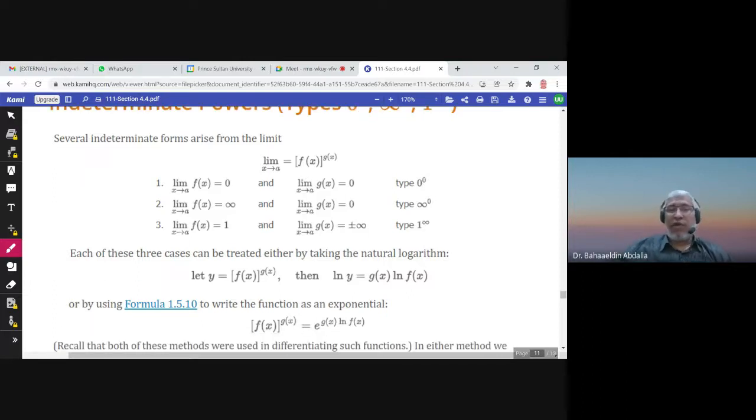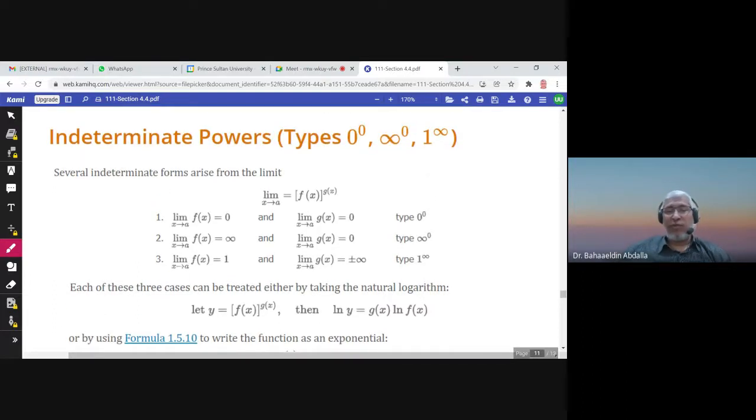And if the limit of f of x and g of x give us 0 to the power 0, or infinity to the power 0, or 1 to the power infinity, then these are indeterminate forms.